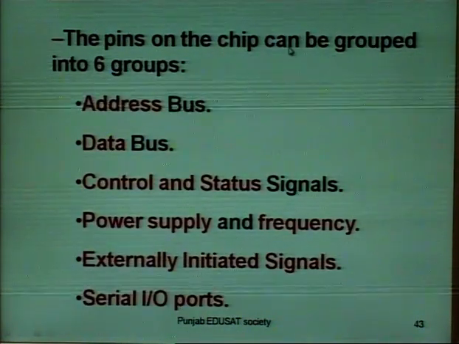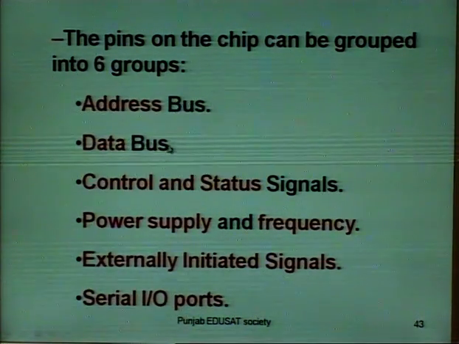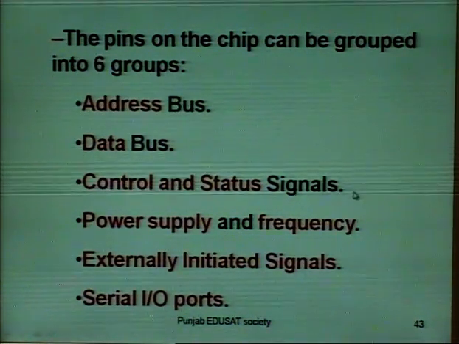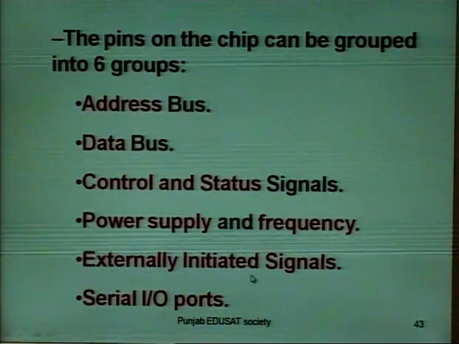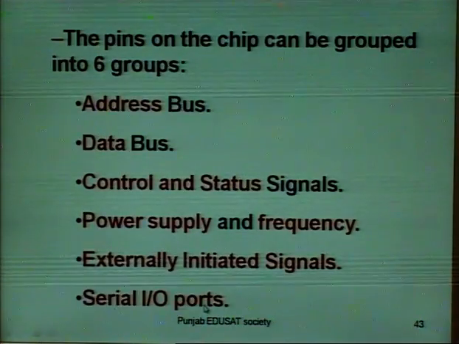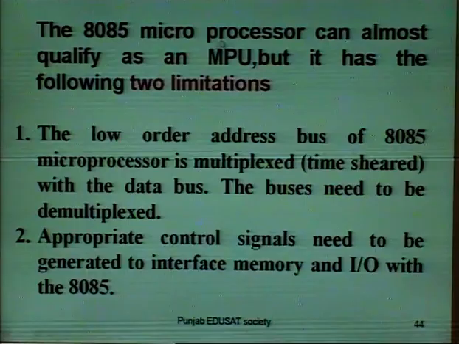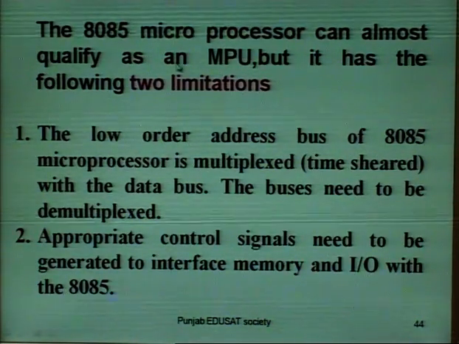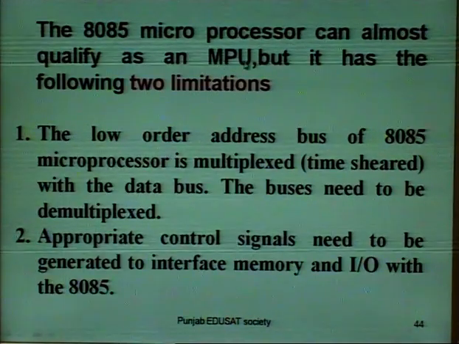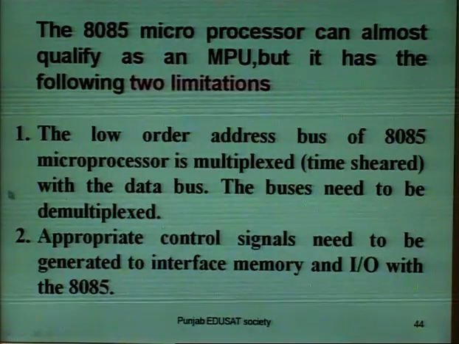The pins on the chip can be grouped into 6 groups: address bus, data bus, control and status signals, power supply and frequency, externally initiated signals, and serial input output ports. The 8085 microprocessor can almost qualify as a microprocessing unit, but it has the following two limitations.